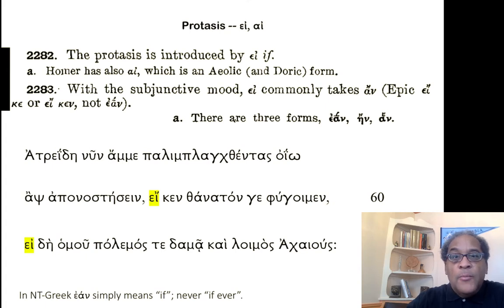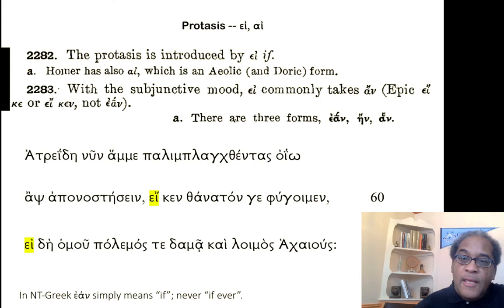Now, your protasis is introduced by εἰ, epsilon iota, if. Homer also has αἰ, alpha iota, which is an Aeolic and Doric form. When occurring with a subjunctive mood, εἰ commonly takes on ἄν, or in epic, you have κε or κεν.